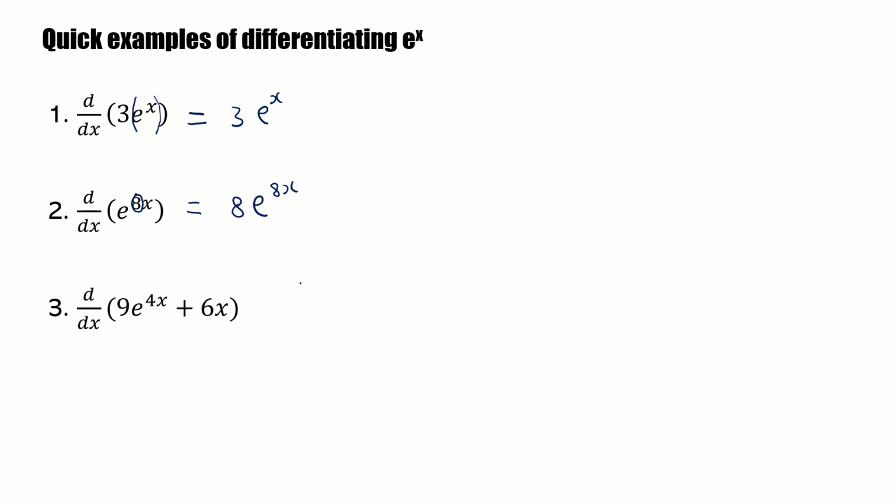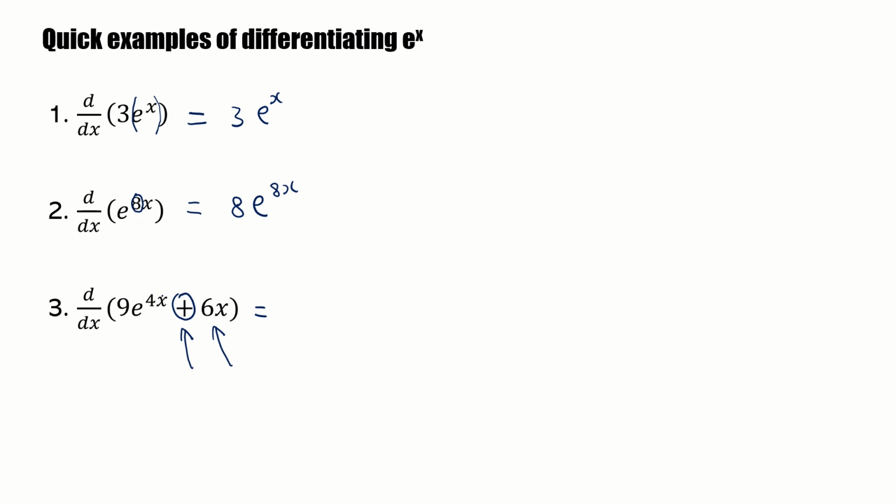And then also as a reminder, putting it all together, different expressions separated by plus or minus symbols can be differentiated separately. So then if you're differentiating things like 6x, you're just using the other rules you've previously learnt to help you differentiate those sort of expressions. So therefore, to differentiate first of all, individually, the 9e to the power of 4x part, well, that is the situation that we've just been doing above.